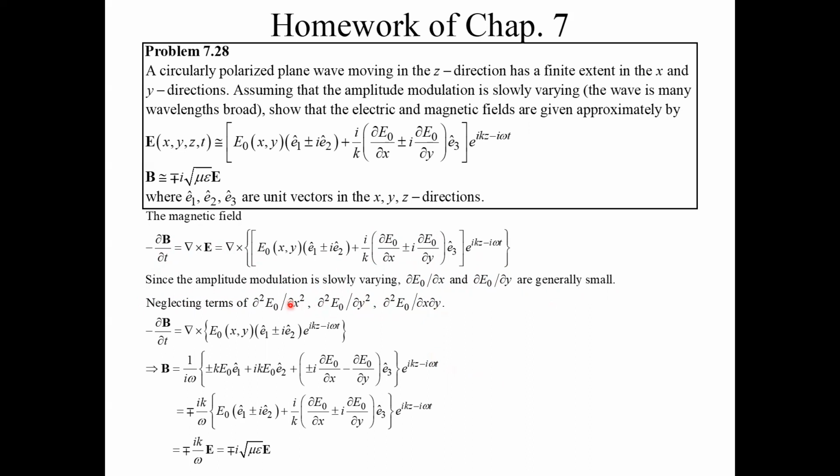So these three parts will be neglected. After taking the curl, they will all be neglected, so we just calculate the first term, and we can write down the B field here, and with sorting we will get the answer here.